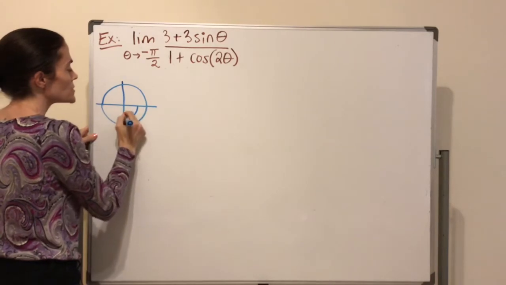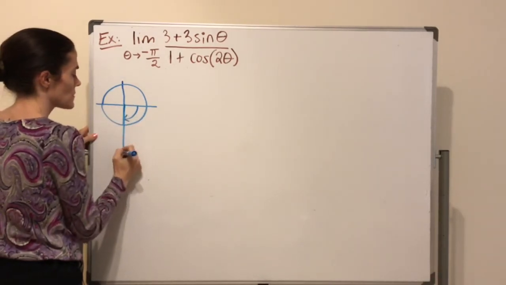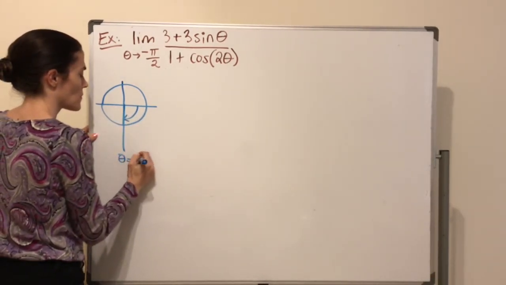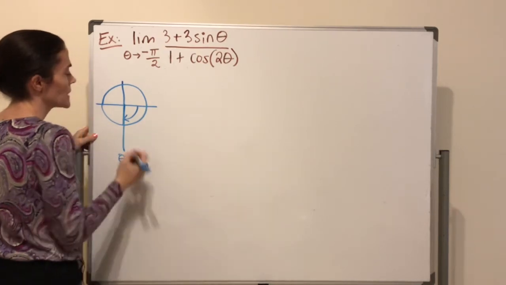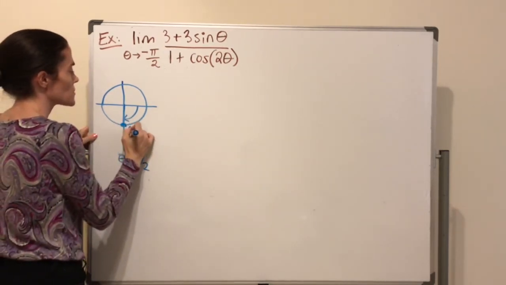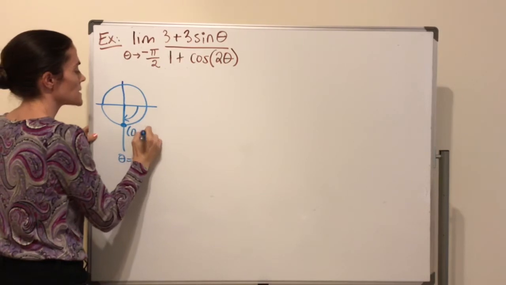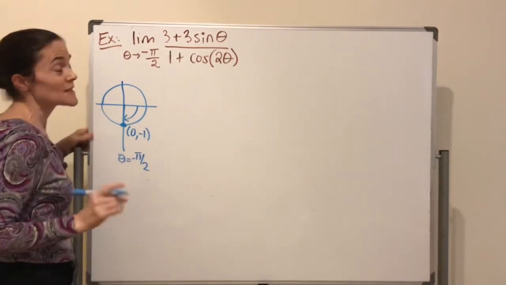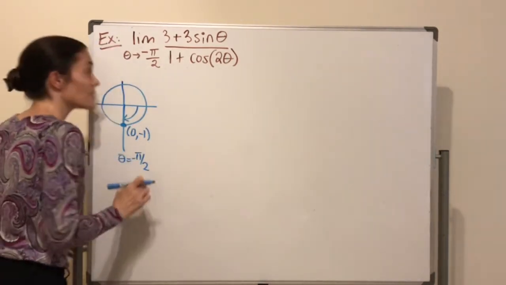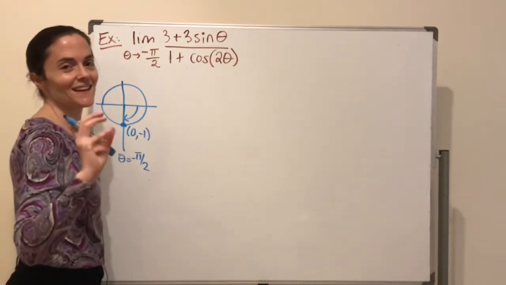Minus pi over 2 is here, and the point on the unit circle is (0, minus 1). Okay? So the sine of minus pi over 2 is negative 1.